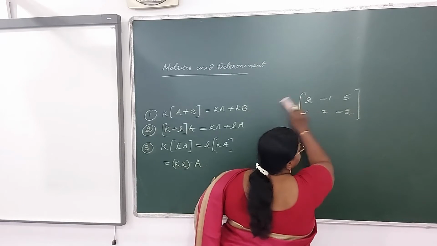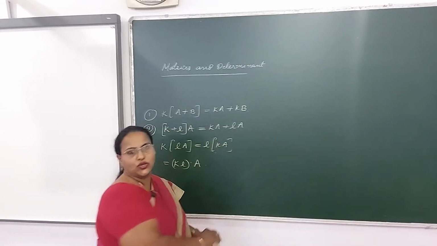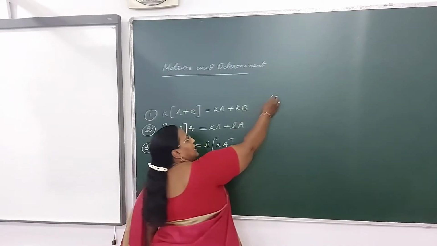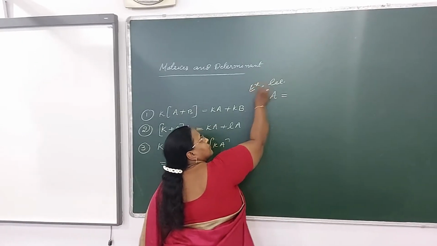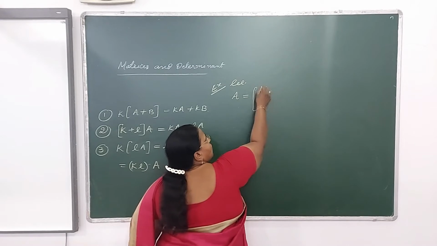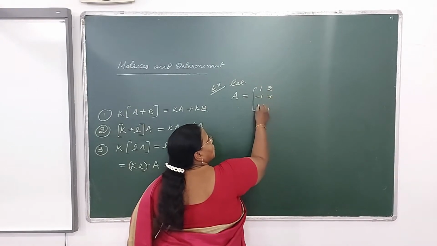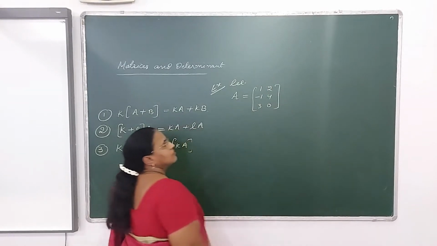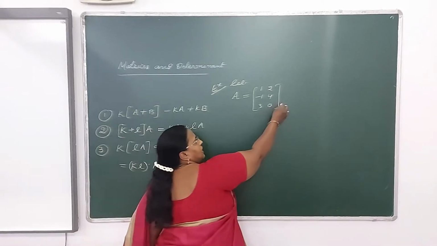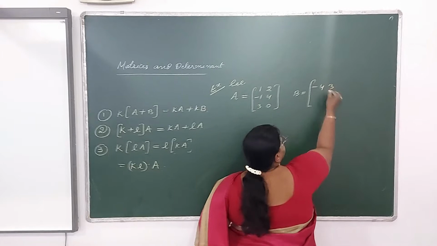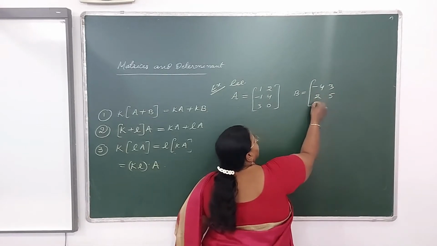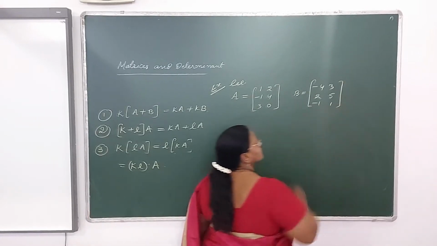So now let us take some examples related to this. Let A be the matrix with rows 1, 2, minus 1 and 4, 3, 0. Matrix B with rows minus 4, 3, 2 and 5, minus 1, 1.